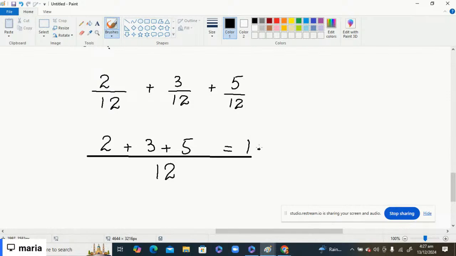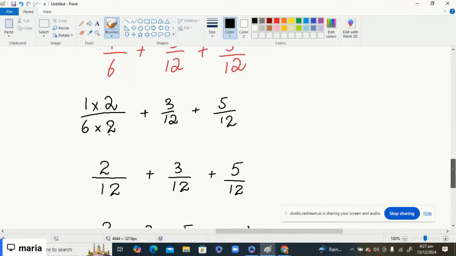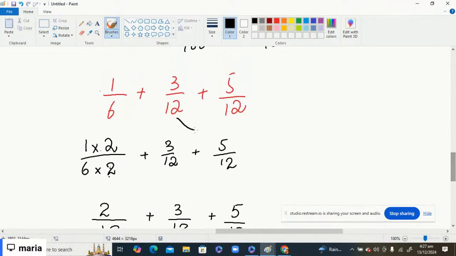That is 10 over 12, and this is your answer. These are basically three fractions. So how can we solve it? We check if these two are the same, so we make the third one equal to them. How to make it equal? Just multiply by a number. 6 times 2 is 12, so multiply and divide by 2 on top as well as on the bottom.